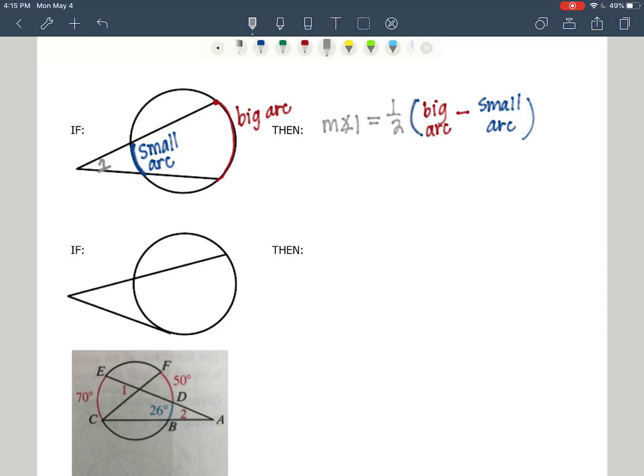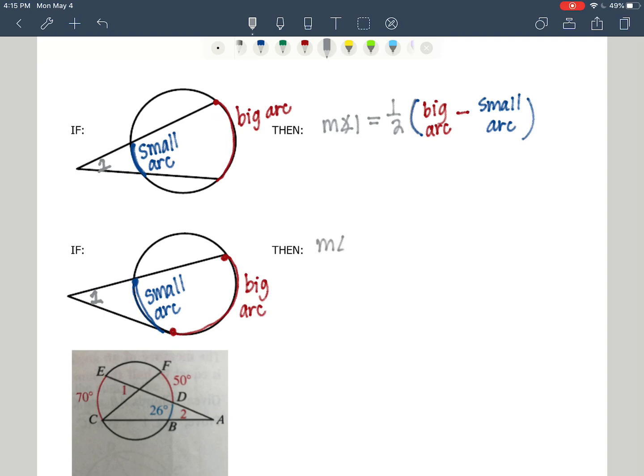Let's look at the next picture. In the next picture I have an angle 1 right here. And it too has a big arc that's created. So the big arc is going to be on the outer part of the circle. So the outer arc, you can call it, but I like to call it the big arc and the small arc, because then I can just look at it visually.